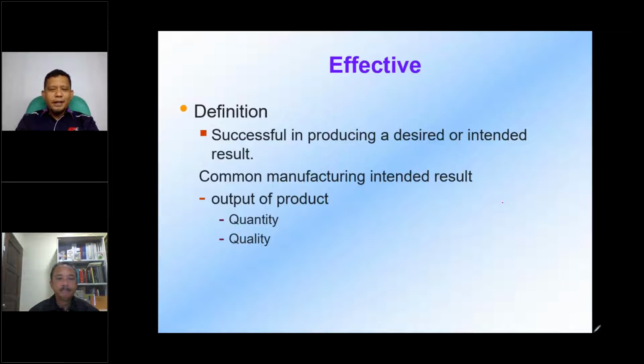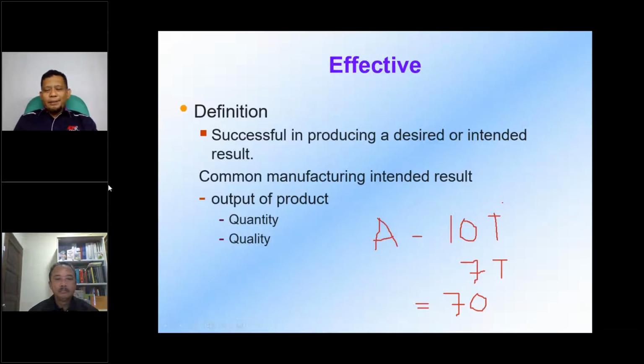For example, chemical plant A can produce maybe 10 tons of product, and then they measure their production output. They only produce maybe 7 tons per day, and then they say their efficiency is 70%. What's wrong with that?